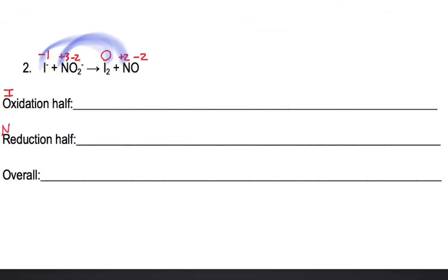So we're going to separate all of that iodine and nitrogen stuff. And if you notice, oxygen is not being oxidized or reduced. That doesn't mean it doesn't belong in either. That means that it doesn't have to get separated from each other when we're separating the iodine and nitrogen stuff. So the iodine reaction is going to be pretty much what you would expect. We're going to have that I -1 turning into I2.